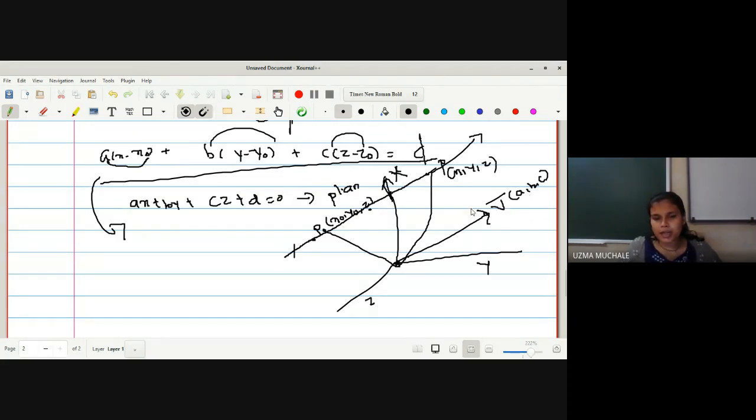Why are we saying parallel to V? In the direction of V, because parallel lines का concept क्या होता है? Suppose I am saying the line L1 is parallel to L2. If I want to say line L1 is parallel to L2, I can write it is equal to some constant C. L1 is parallel to L2 means what? L1 is equal to some constant C into L2. समझते सगळ्यांना?